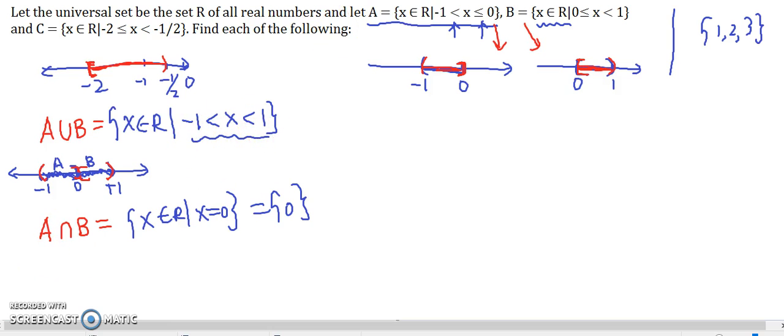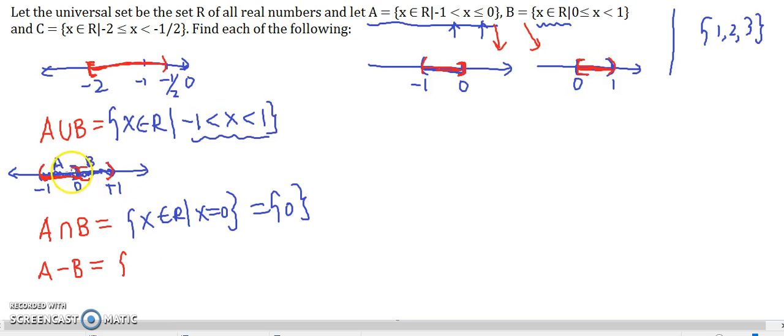Now next one, we do subtraction, A minus B. Remember the definition, we start with the set A, all these numbers, and take away the numbers from A that are also in B. As we can see, there's only one number that is in A and in B, so that's 0.